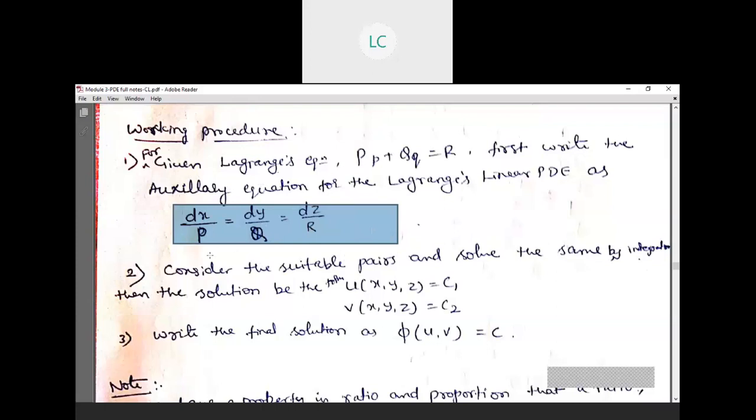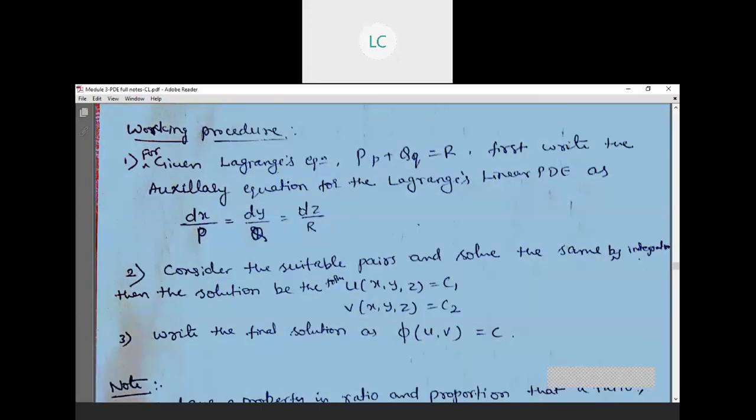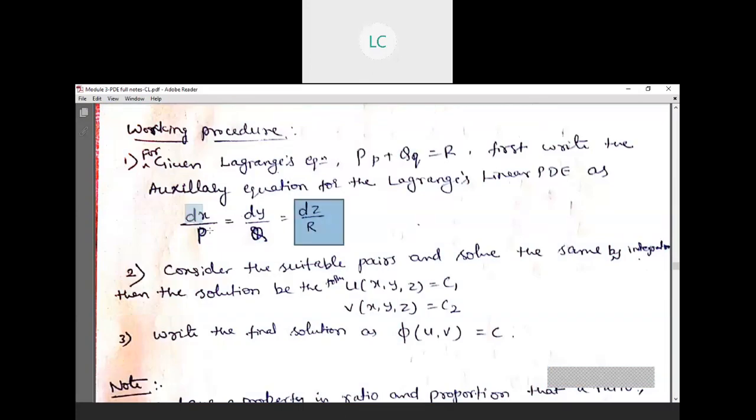After that, the next step is to consider suitable pairs and solve them by integration. Here we have three terms: dx by P is equal to dy by Q is equal to dz by R. We can choose the first and second pair, or the second and third pair, or the third and first as one pair.